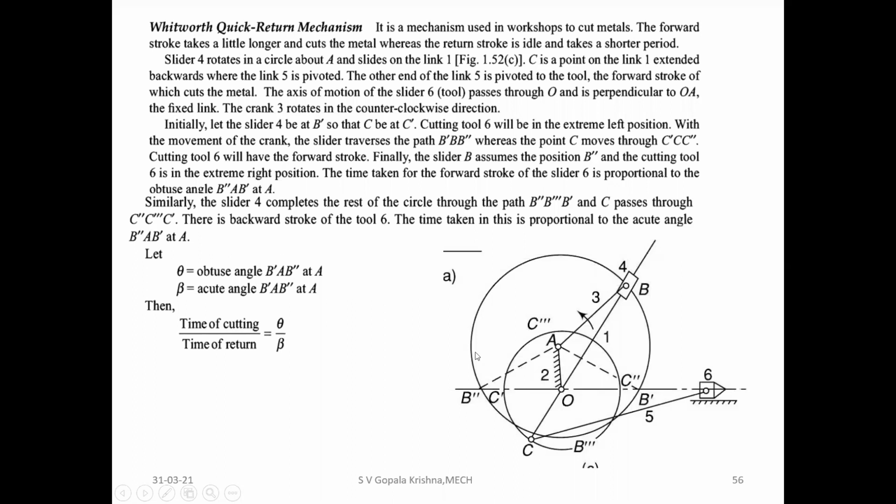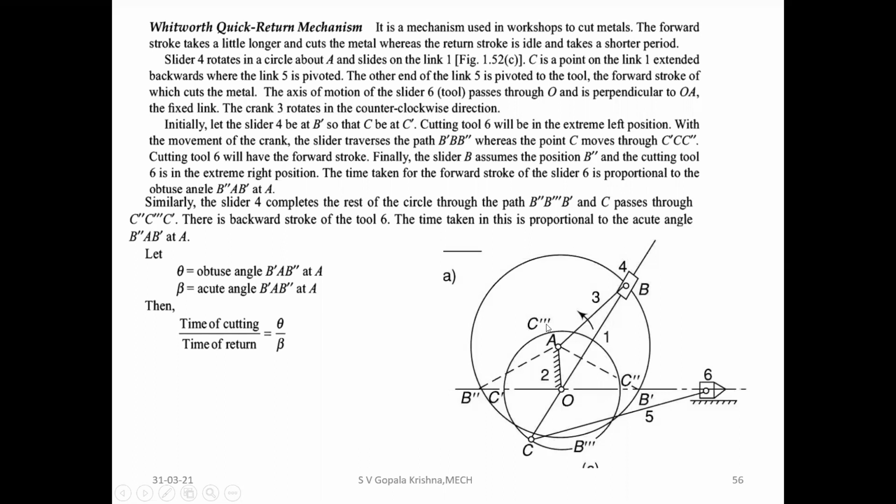This circle represents the positions of AB. Link C is also translating through the circular path, so C is displaced to C dash, C double dash and C triple dash.